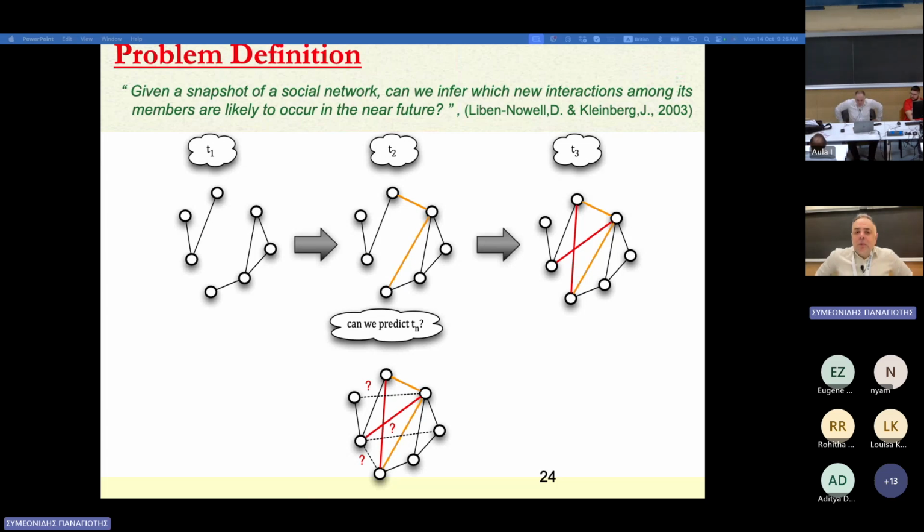And of course, when we try to solve these problems with graphs, what we want to predict is the links that will occur in the future. If there will be, let's say, a connection link between a user and an item. This connection link could be a purchase of an item by the user.